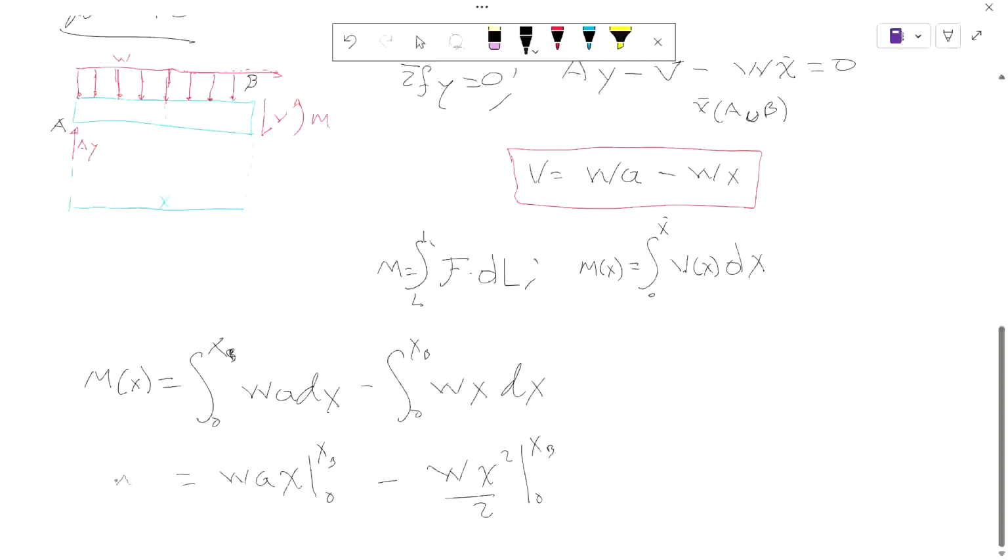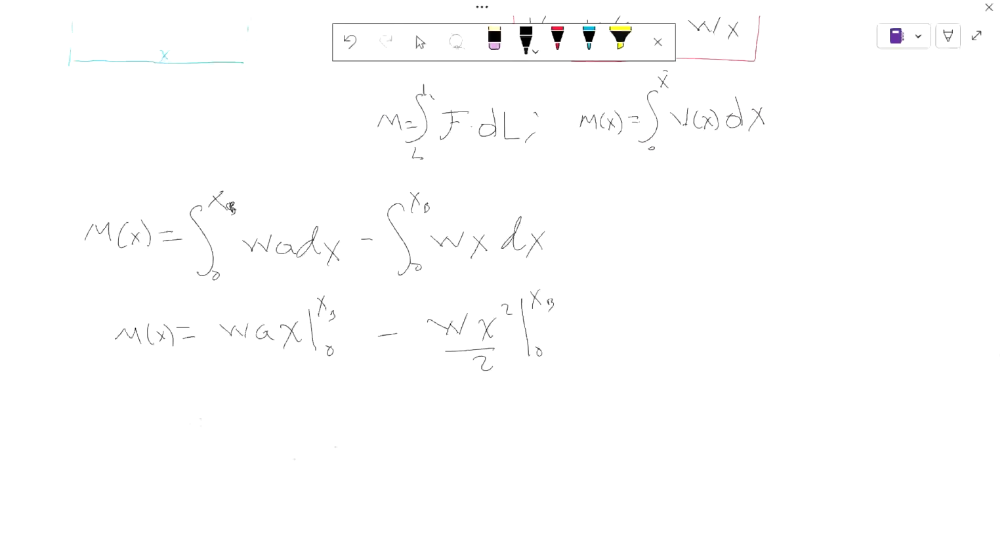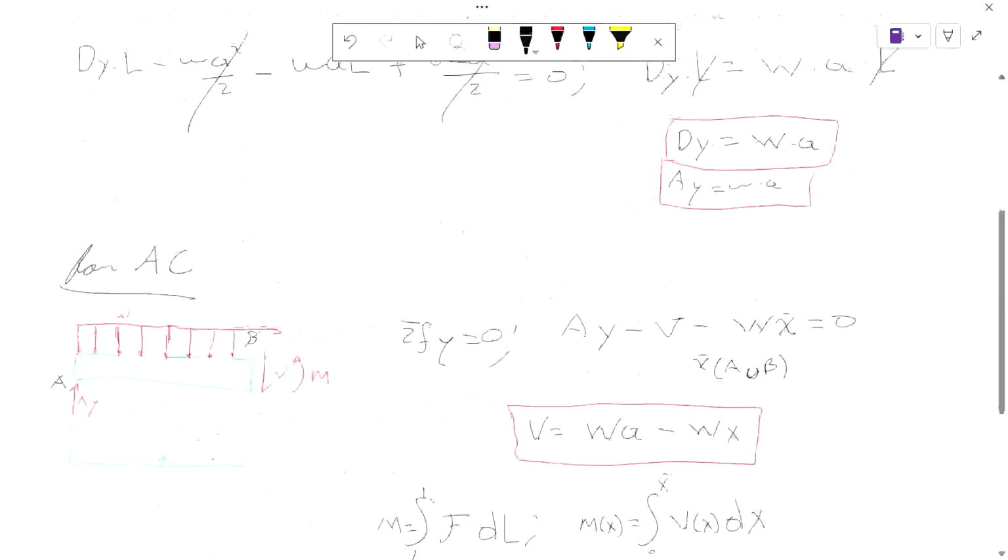All right, so this is the moment in x. Let's go ahead and use our values of xb minus 0, so WA xb minus W xb squared over 2, where the distance from A to B is determined by the distance xb.